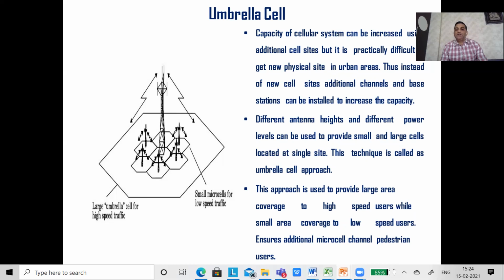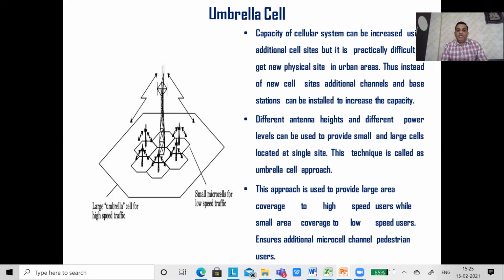That will also increase the capacity of the cellular system. Different antenna heights and different power levels can be used to provide small and large cells located at a single site. This technique is called the umbrella cell approach. This technique is shown on the left side of the figure.